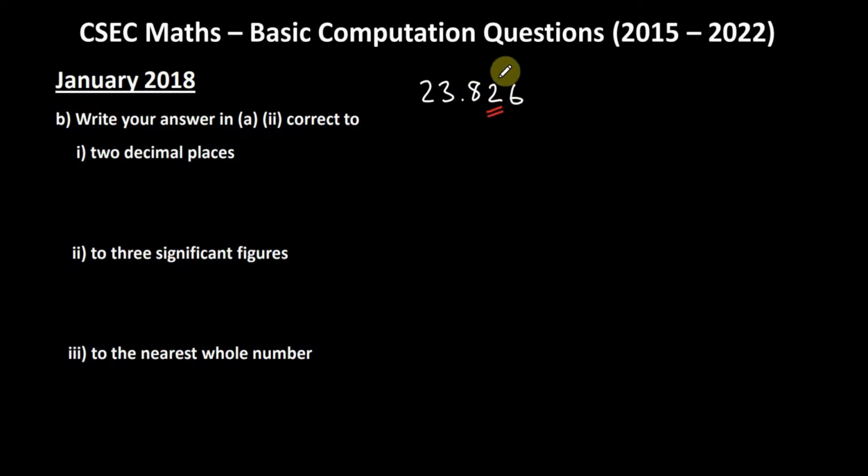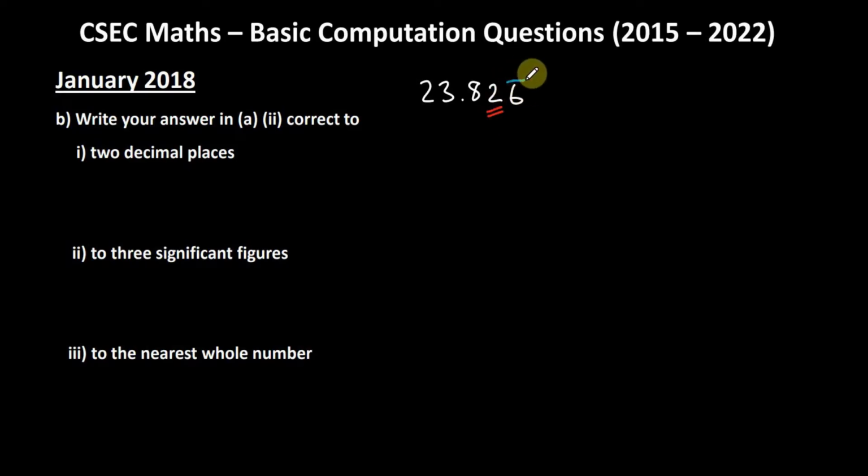Now we want to stop here, however we can't just write 23.82. Whilst we want to stop where we have only 2 digits to the right of the decimal point, the digit to the right of the 2 here where we want to stop will impact whether or not we'll keep this 2 or round it up by 1.